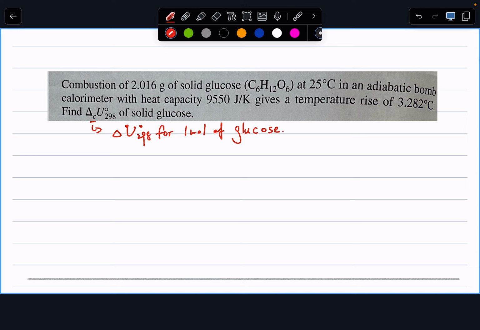All right, so using the example we have, delta U naught 298 equals negative the heat capacity of my entire calorimeter times delta T. My heat capacity here is 9550. My delta T, that's a rise of 3.282.